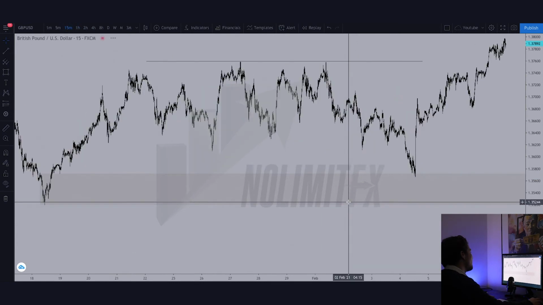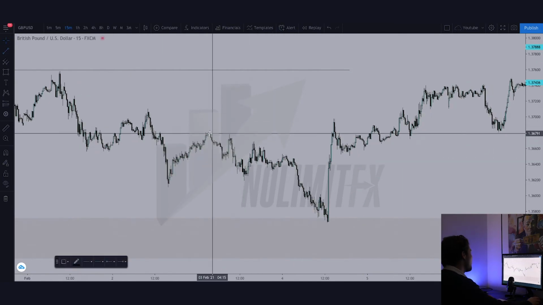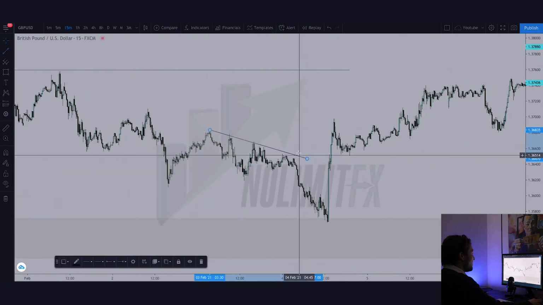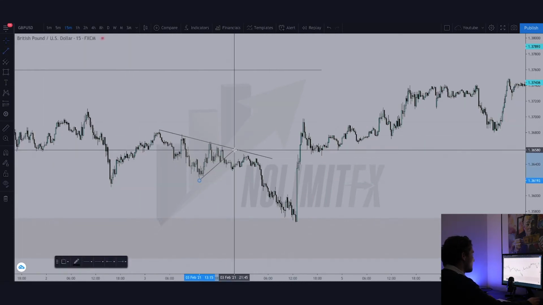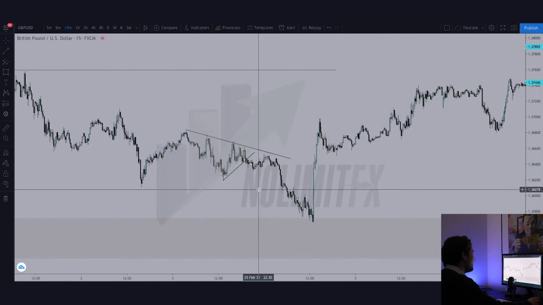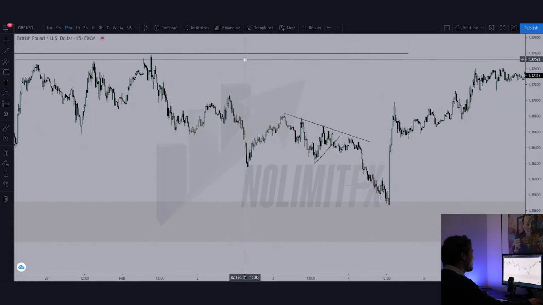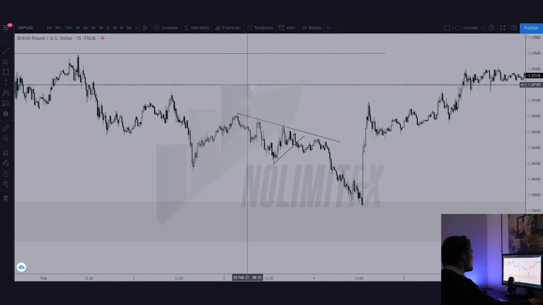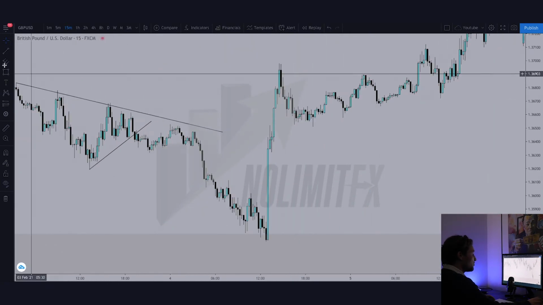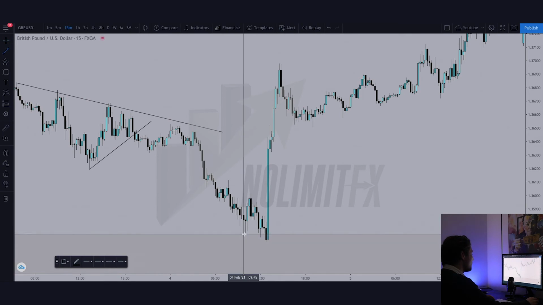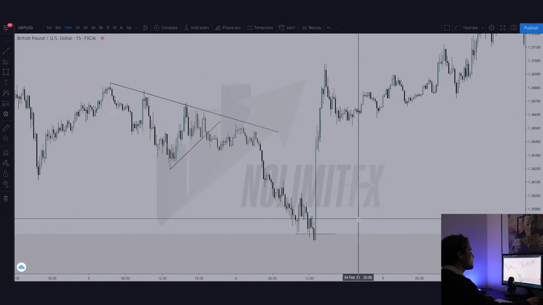Let's zoom into the 15-minute time frame, what we can see from there. Again, we see kind of a trend line here and here. Many retail patterns are found. And what do we have more on the upside? Yeah, boom. Okay, so we took out this low and completely shifted to the upside.